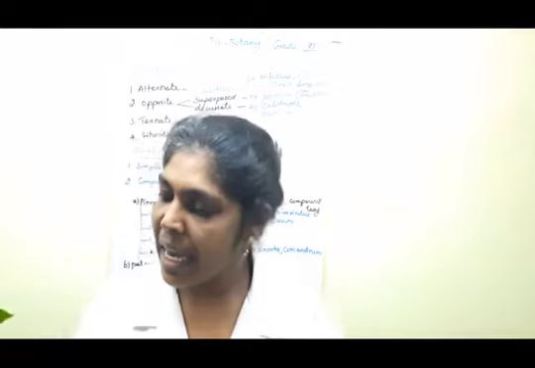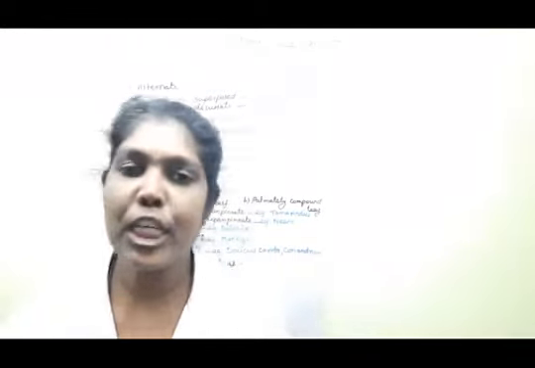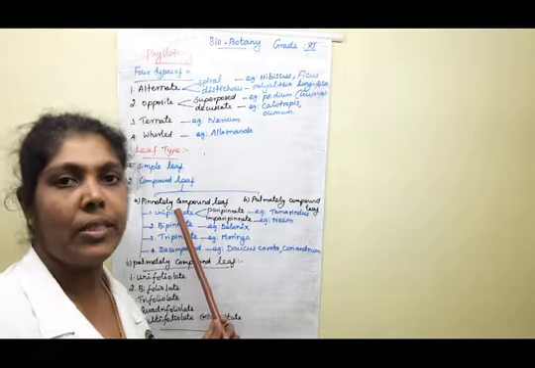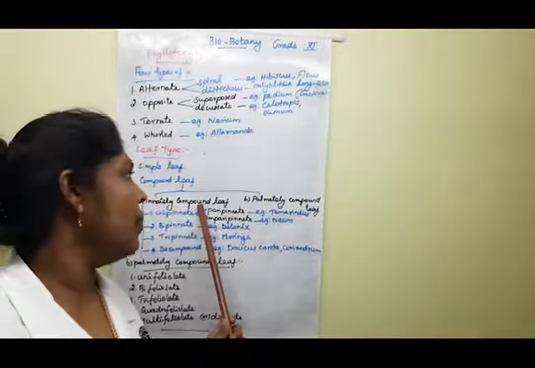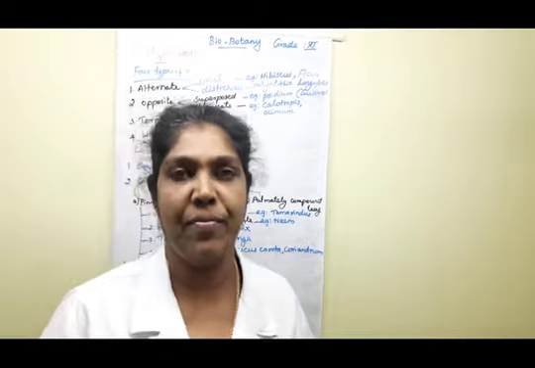Clear? Then compound leaf. Compound leaf comes in many types, children. It is divided into mainly two types. What are the two types? One is pinnately compound leaf and another one is palmately compound leaf. Clear?